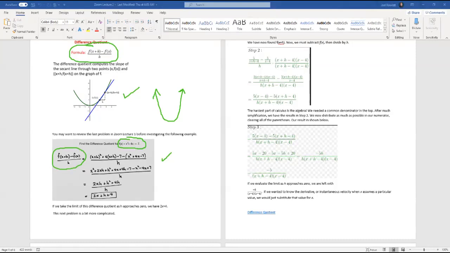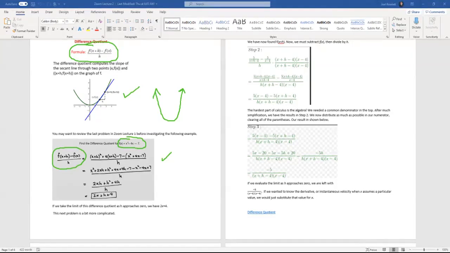So we have x plus h to the power of 2 plus 4 times x plus h minus 7. In other words, all of this here is f of x plus h. They substituted in x plus h everywhere they have x, and of course, they subtracted the 7 because that's part of the function.